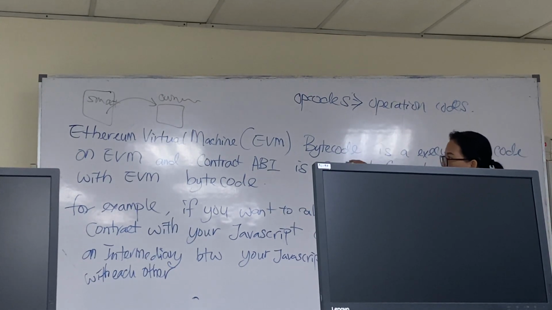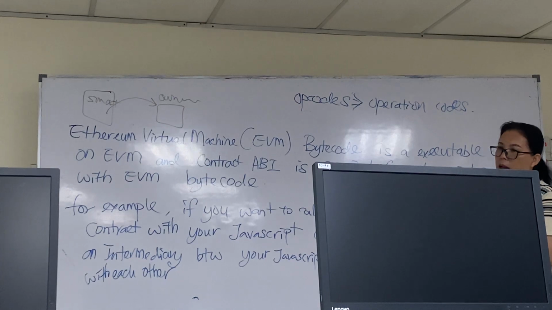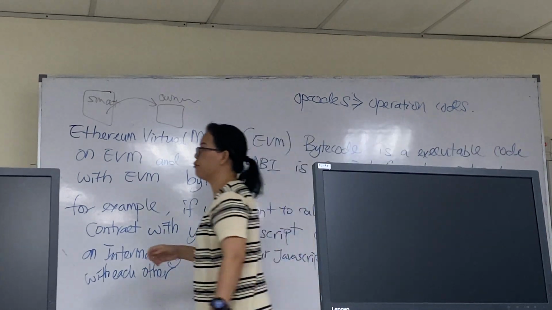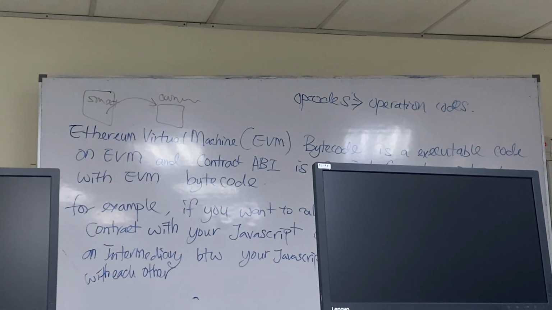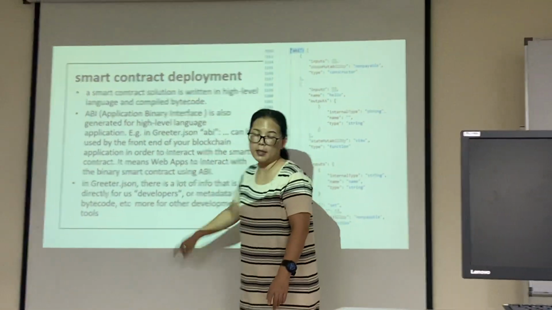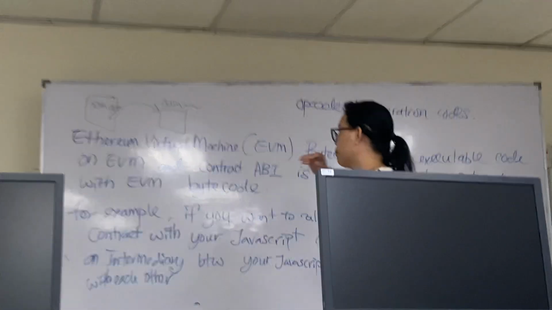Bytecode and ABI are tucked under your JSON file here. The front end interacts with your JSON file, then from there you can retrieve your ABI. Later on I will tell you what the front end looks like and how to interact with it.